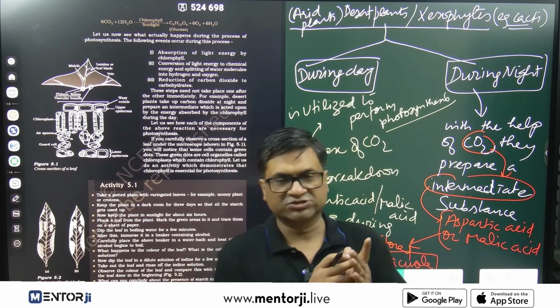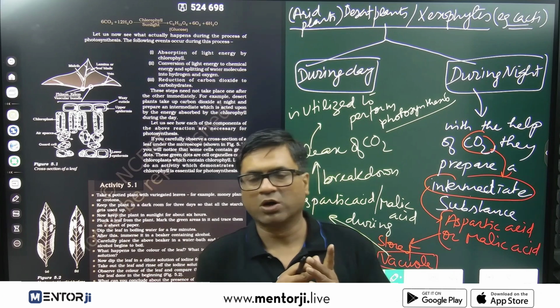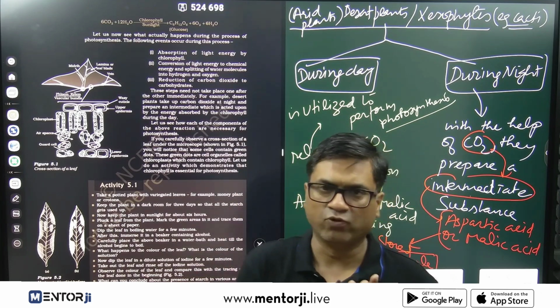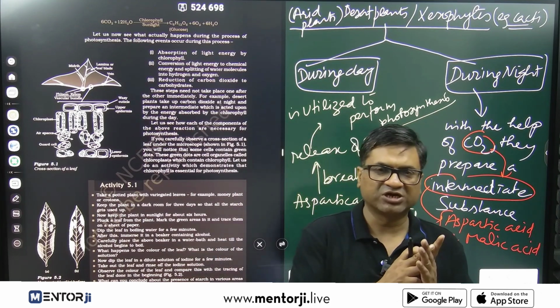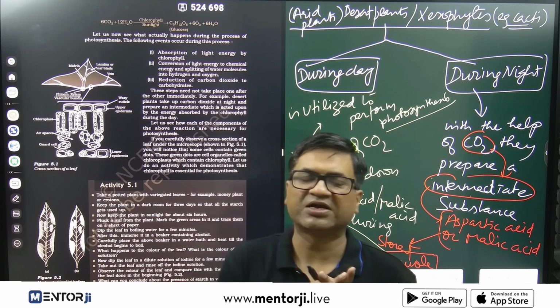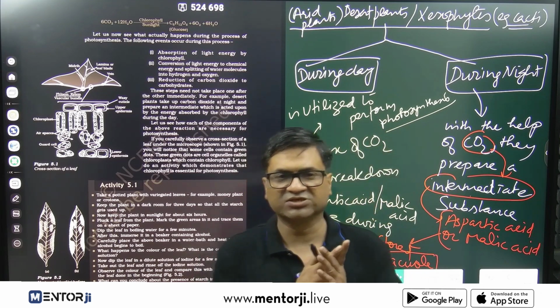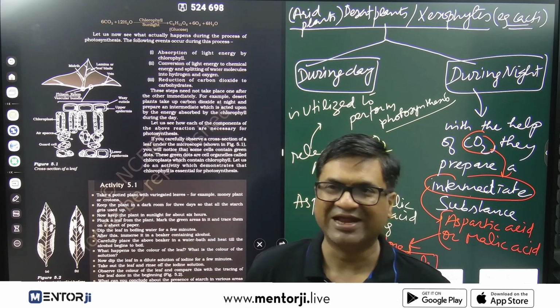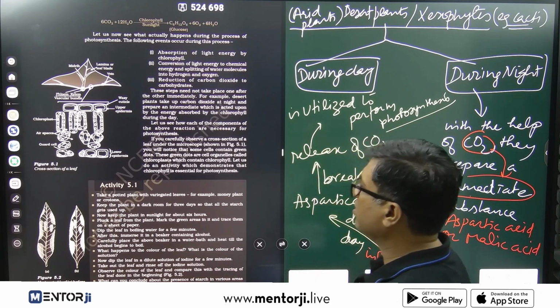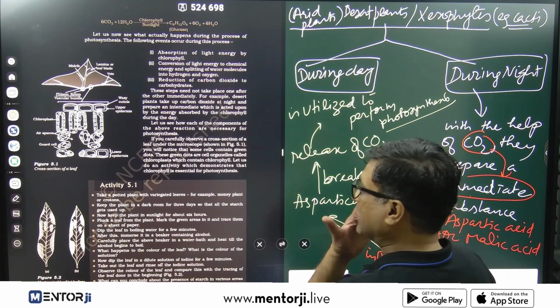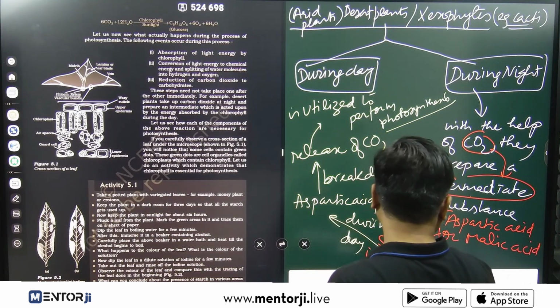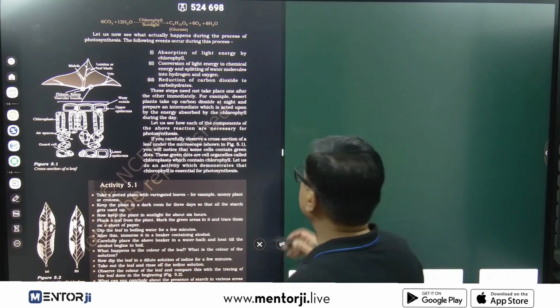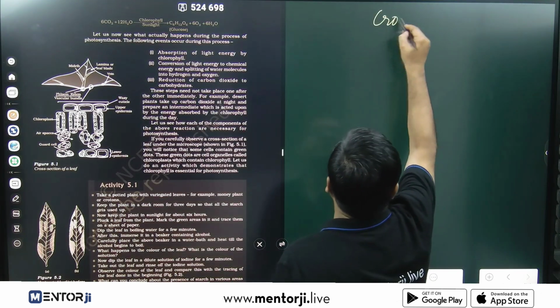So we have discussed so far the overall reaction of photosynthesis, definition of photosynthesis, different outcomes of photosynthesis. Those can be asked in your exam. Photosynthesis in desert plants. Let's focus on the next important point, and that is the cross section of leaf.